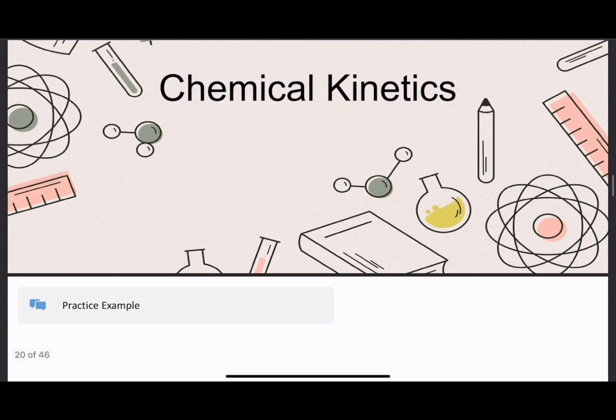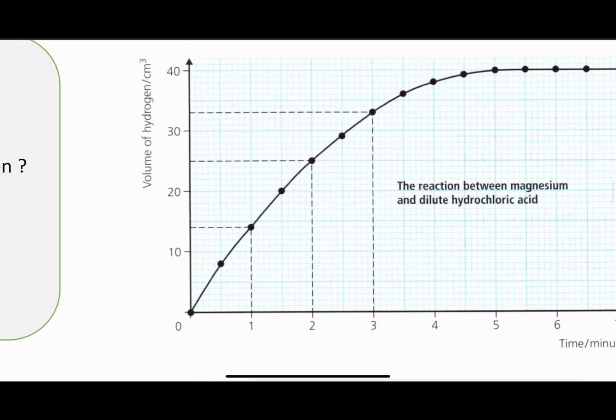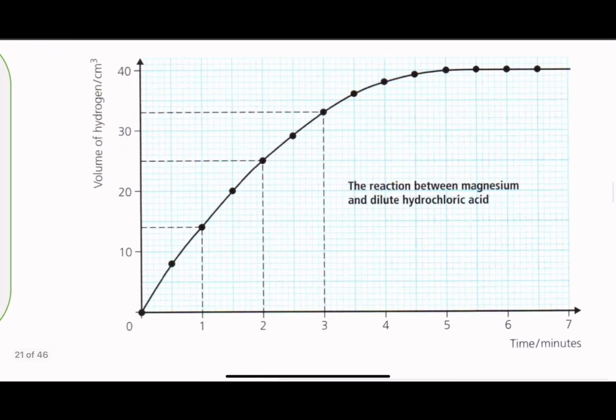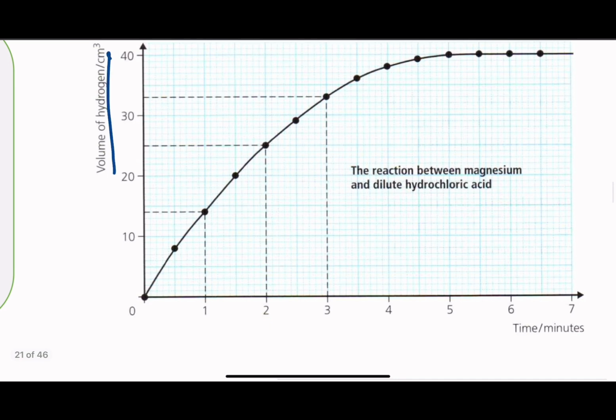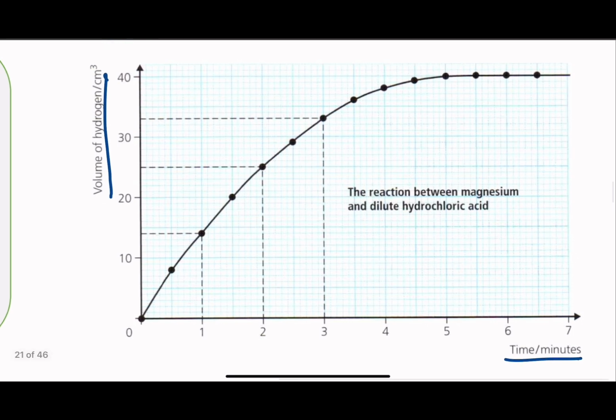Now, chemical kinetics. A lot of you were confused. Let's say I have a graph here like that. This is volume of hydrogen released per time. This is the way I measure the rate of reaction. If I ask you to find the average rate of reaction, the only thing you need to do is see the point where it becomes stable.